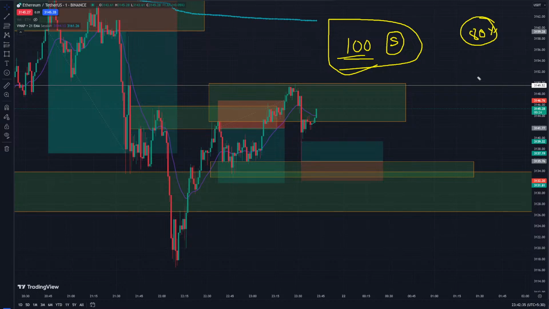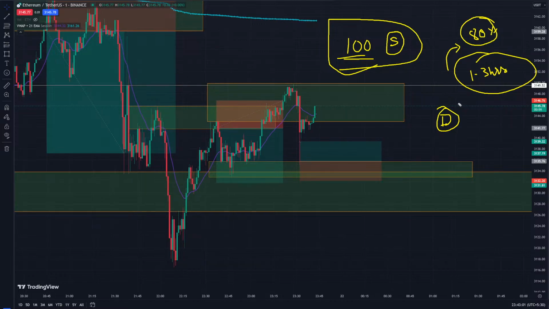If you have put in that time and effort to see the charts, study, and backtest all your strategies for multiple days, minimum 1 to 3 hours per day, then only can you achieve this 80% goal, or else you can't.